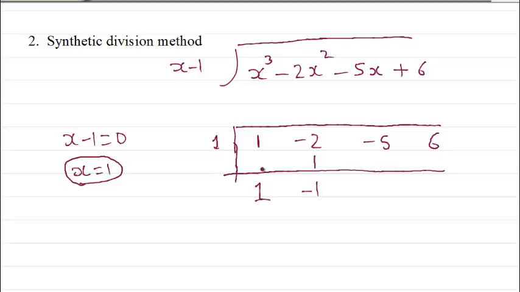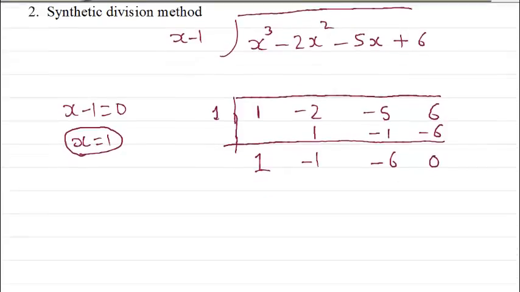Now we say 1 times minus 1, which is minus 1, we write it here. Add these two numbers, we get minus 6. Then we say 1 times minus 6 is minus 6. Then you add, you get nothing. So this is how many x squared you have, this is how many x's, this is the constant term, and this is the remainder, which is 0.